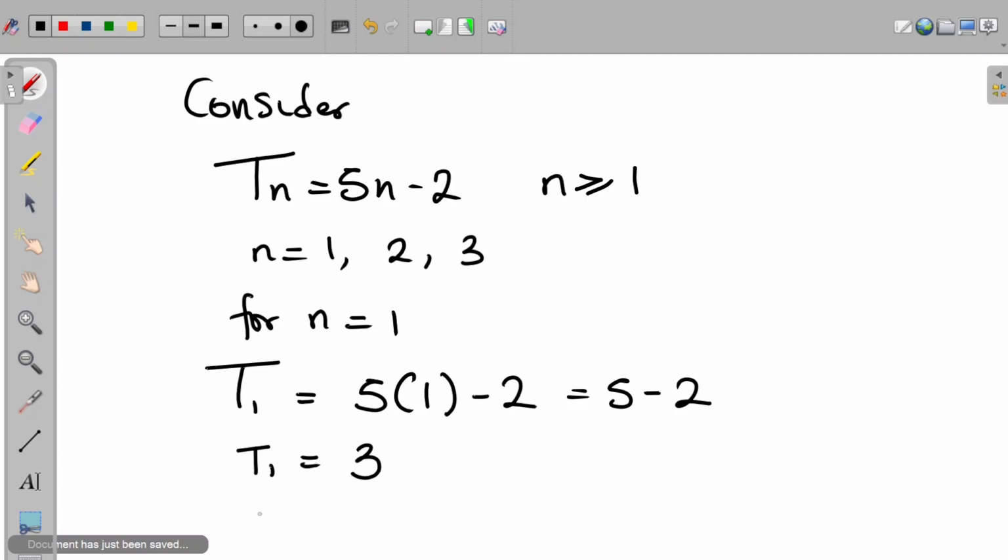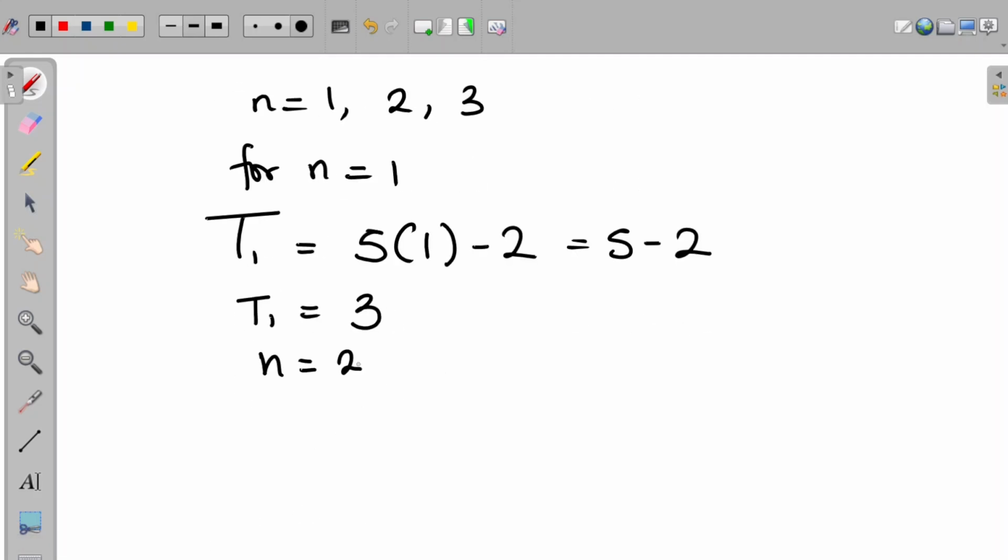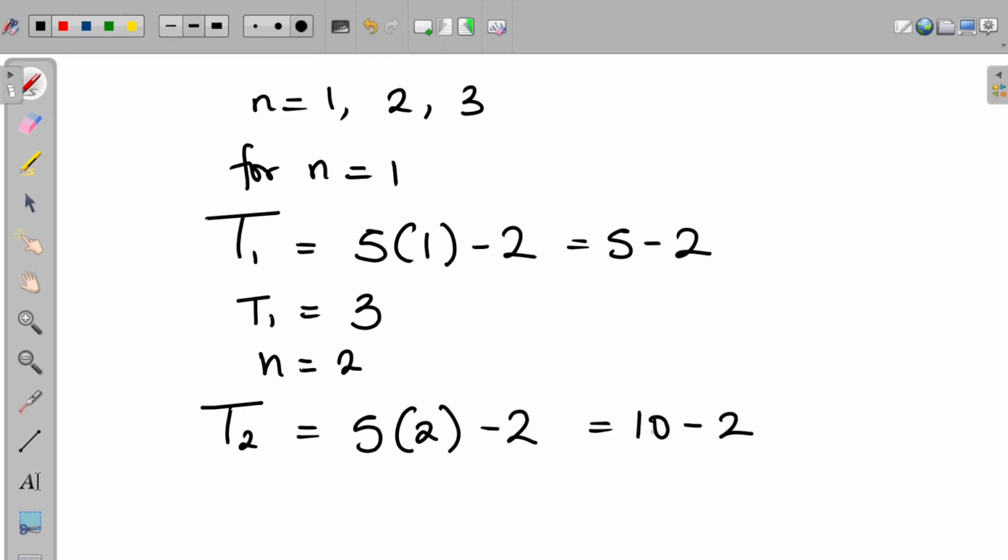Also, if n is equal to 2, we have that the second term, which is t subscript 2, is equal to 5 multiplied by 2 minus 2. 5 times 2 is 10 minus 2. So 10 minus 2 is equal to 8. Therefore, the second term is equal to 8.